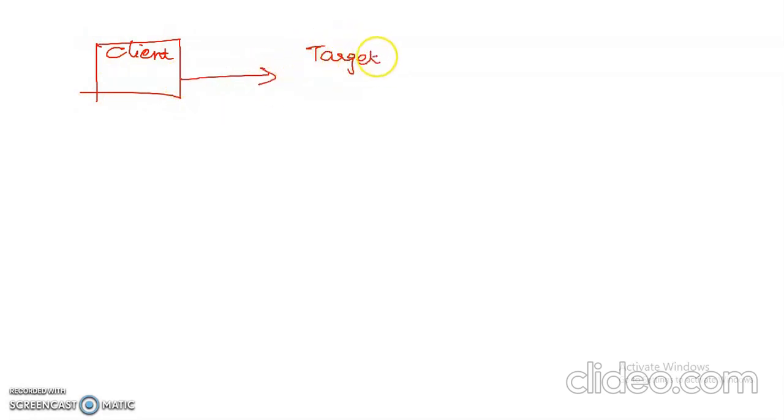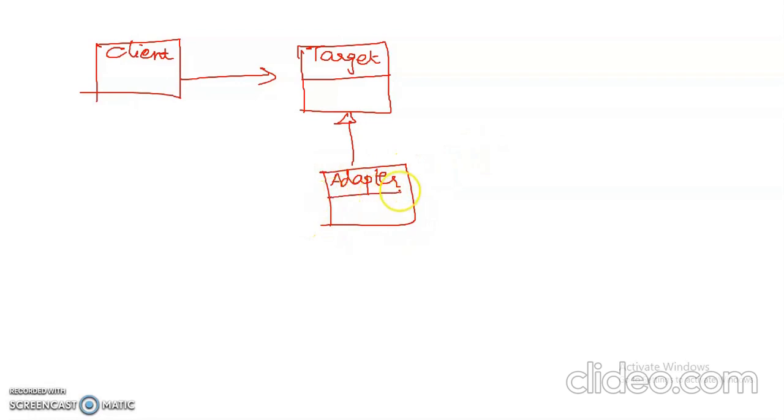So first let us see the structure of the adapter program. So this is my client. The client will access only the target class. This target class is an interface. So this adapter implements the target interface.